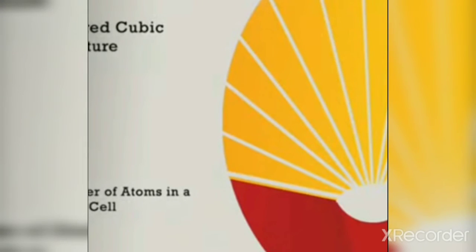Next, the calculation of the coordination number in the case of the body-centered cubic crystal. See here, in the body-centered cube, we consider each atom as a hard sphere. The 8 atoms are present at the 8 corners of the cube and 1 is present at the body center. This one at the body center is surrounded by 4 atoms above and 4 below, meaning a total of 8 atoms nearby.